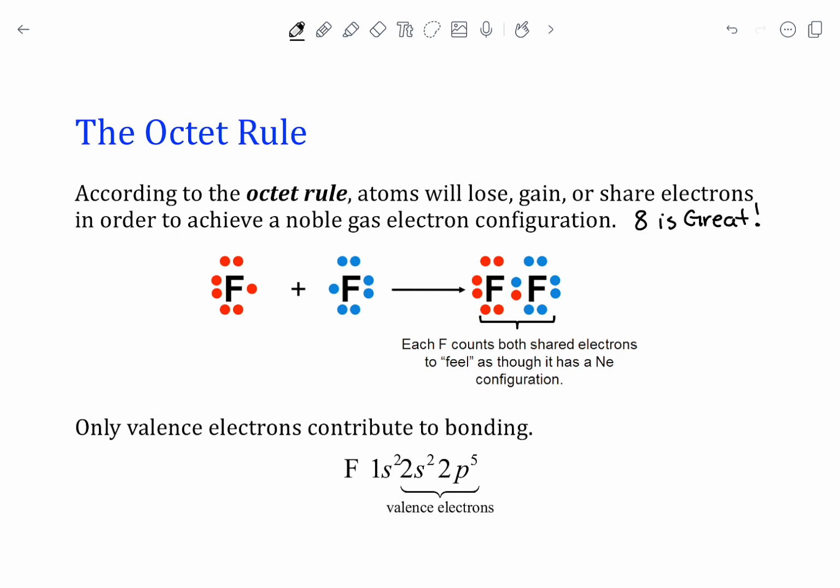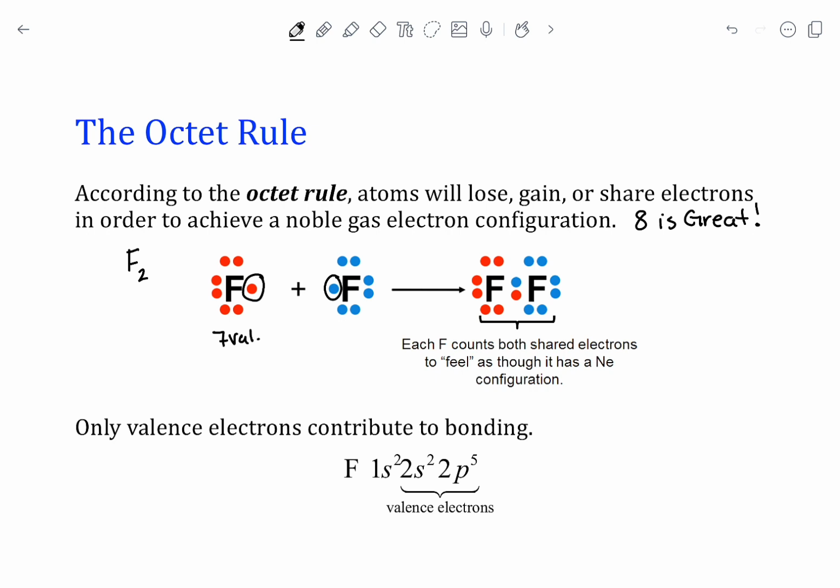So here we have the bonding scheme of F2. Each fluorine atom in F2 has 7 valence electrons, where one of those electrons in each of them is unpaired.